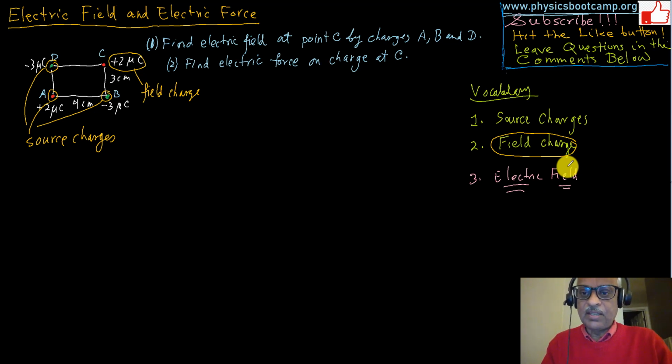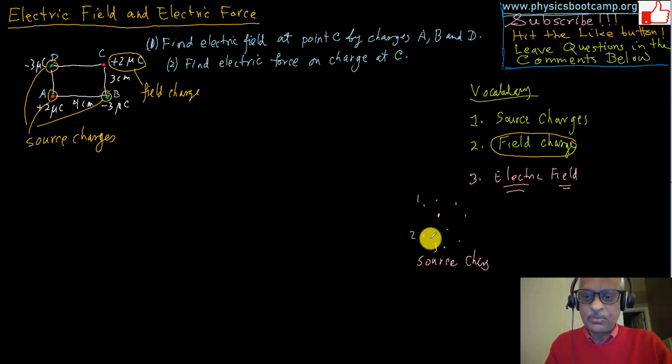So let's look at an example. If I have a whole bunch of charges here, these are source charges, let's label them Q1, Q2, Q3, and maybe the last one is Qn.